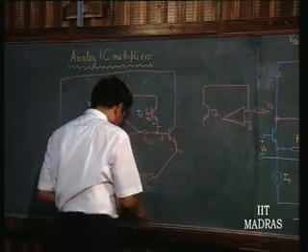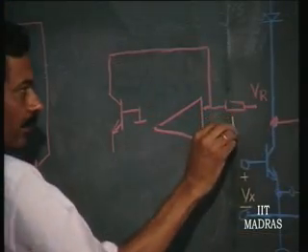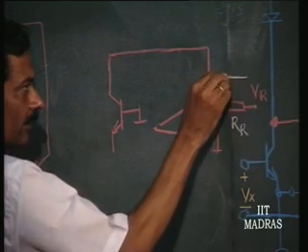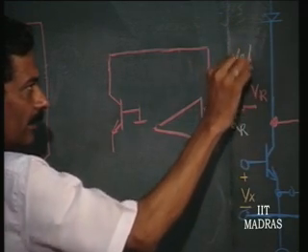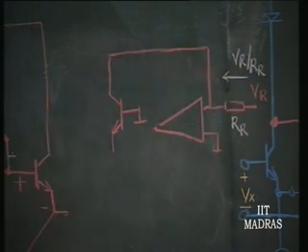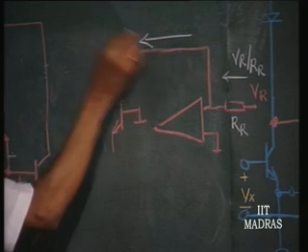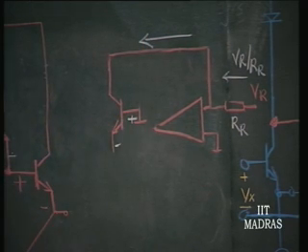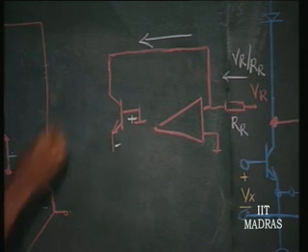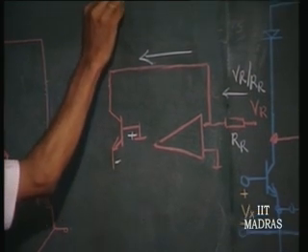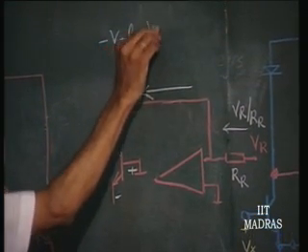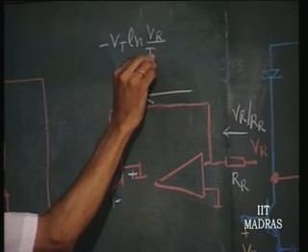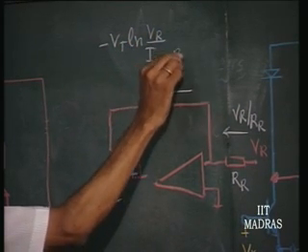What will be the current in this? Let us call it Rr here. So, Vr by Rr, which will flow through this and establish a voltage corresponding to again minus Vt log Vr by Ie naught Rr.